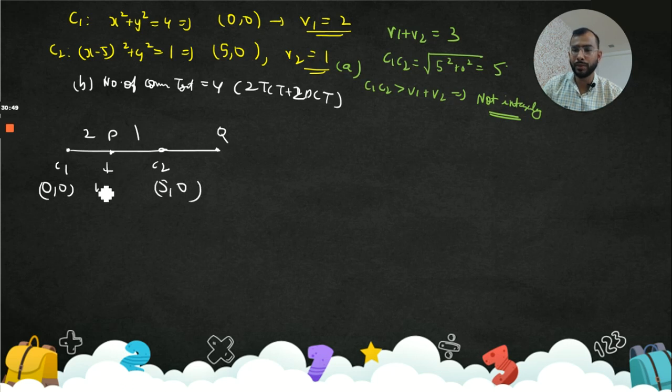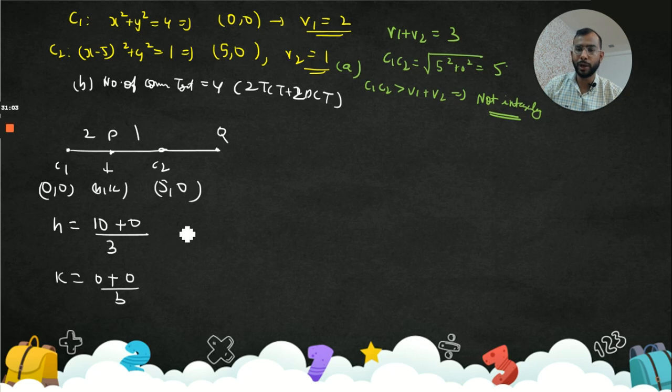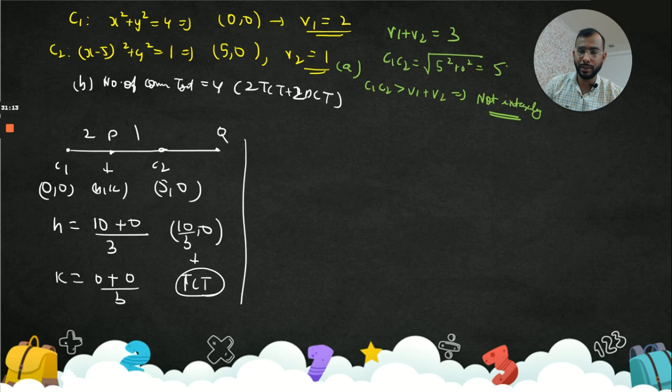Let's find out h, k. h is (2 into 5 plus 1 into 0) upon (2 plus 1), 10 by 3. Similarly, k is (2 into 0 plus 1 into 0) upon 3, 0. So the point is 10 by 3, 0. This is the intersection of TCT. ठीक है. अब हम आ जाते हैं नेक्स्ट पे.